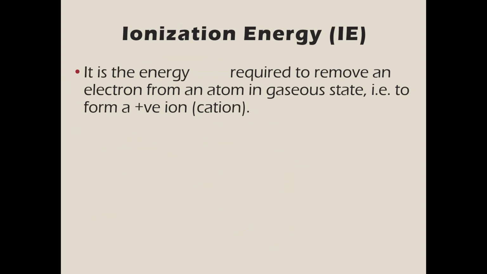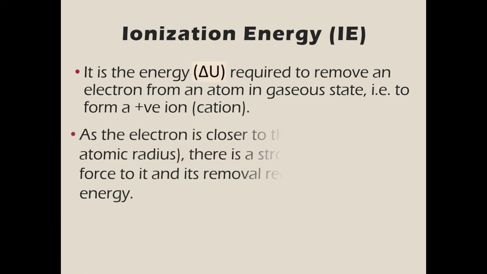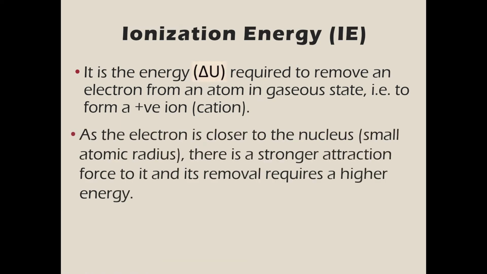In other words, it is the energy required to form a positive ion or a cation. And as the electrons become closer to the nucleus, or the atomic radius is smaller, the attraction force is more, and the removal of the outer shell electrons will require a higher energy.